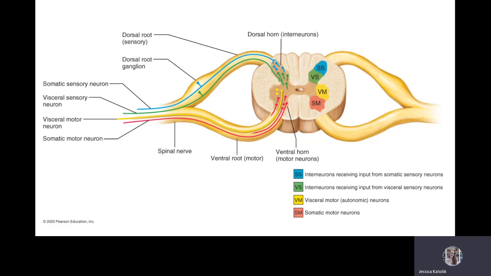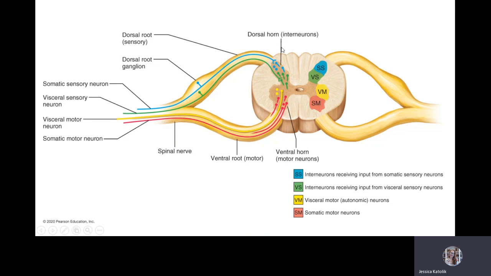The somatic motor neurons are going to arise from the ventral horn or the anterior horn of the spinal cord. And both of these neurons are going to leave through the ventral root and through the spinal nerve.